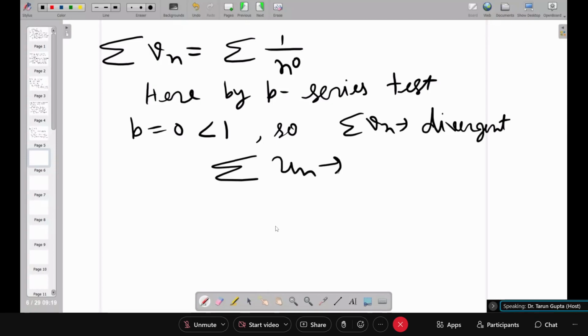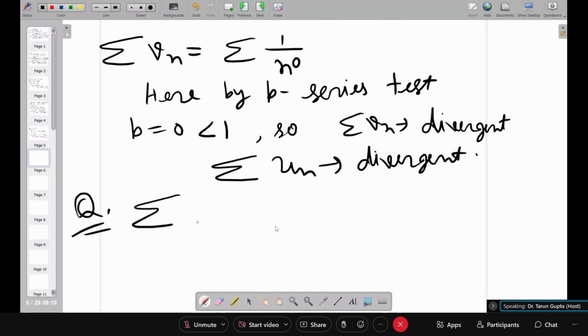Okay, similar way you can prove that summation sin 1 by n is also divergent. So here un is sin 1 by n.